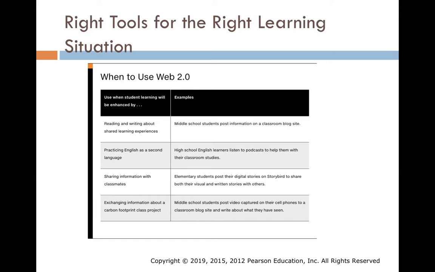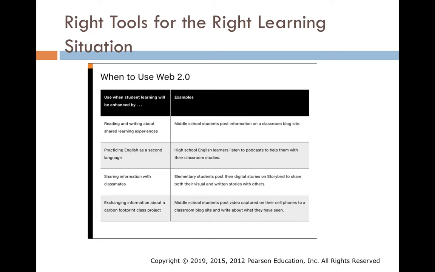So oftentimes we think about using tools and we want to just use whatever tool's out there. A new tool comes along and it's a great tool and we like it. But we need to think about the right tools for the right learning situation. This chart gives us some ideas of how we will enhance student learning. So it's not that we just use technology tools because we just need to use technology.